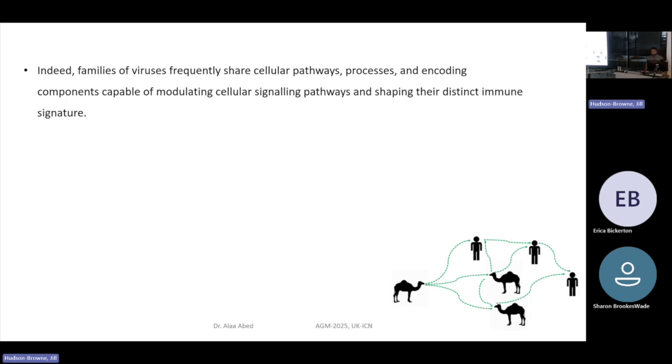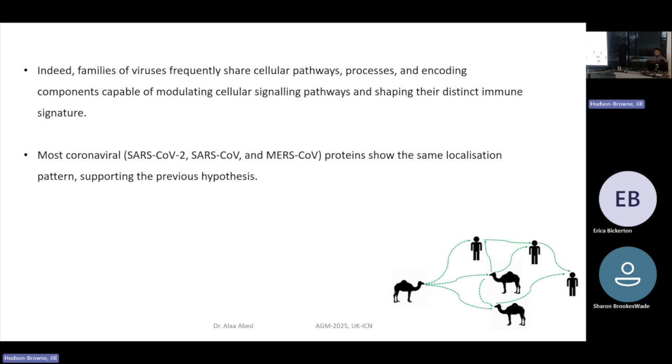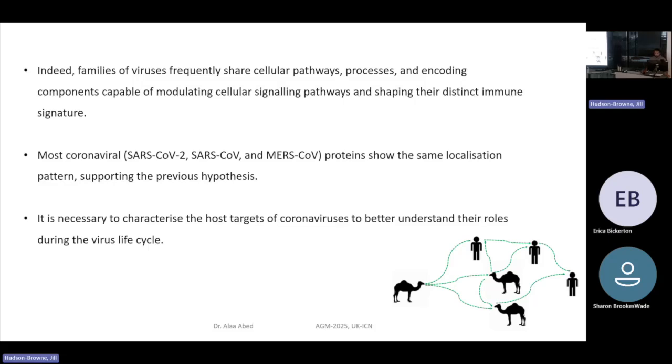Indeed, families of viruses frequently share cellular pathways, processes, and coding components capable of modulating cellular signaling pathways and shaping their distinct immune signature. Most coronavirus proteins, from SARS-CoV-2, SARS, and MERS coronavirus, show the same localization pattern, supporting the previous hypothesis. It is necessary to characterize the host targets of coronaviruses to better understand their roles during the virus life cycle.